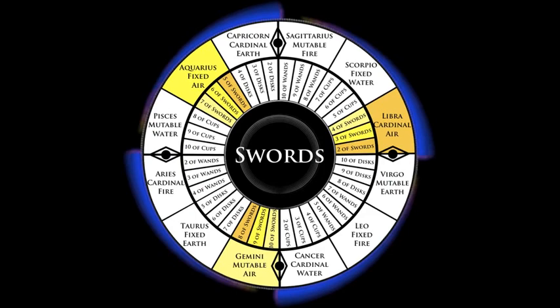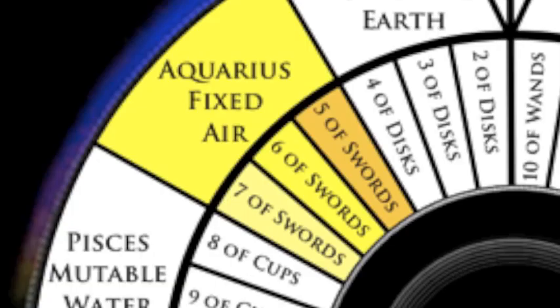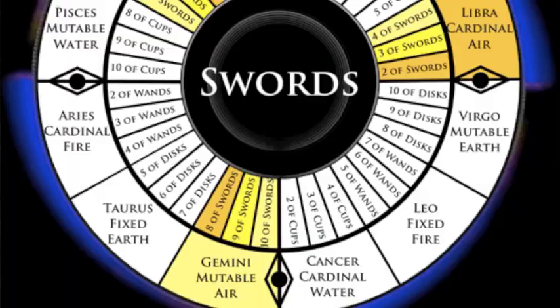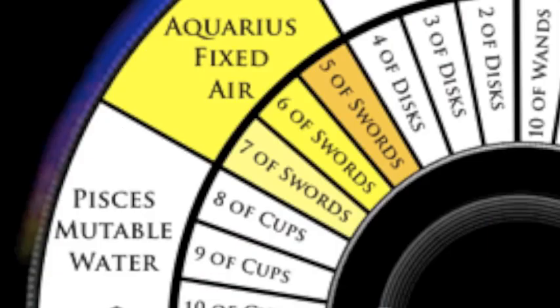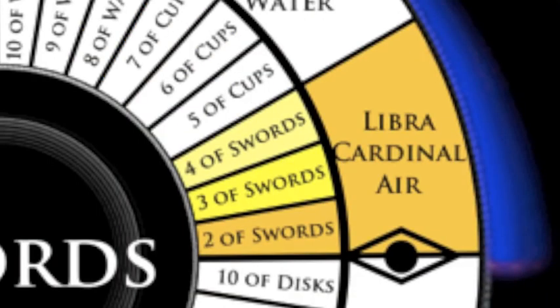As you can see in this image, the last 10 degrees of Aquarius, for example, which is an air sign, is also related to the last 10 degrees of the other two air signs, of Libra and Gemini. So in other words, the 7 of Swords, the 10 of Swords, and the 4 of Swords are resonators.